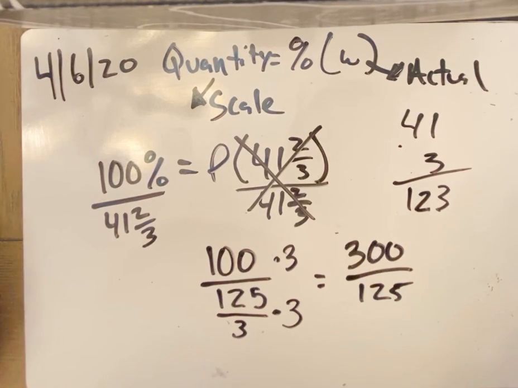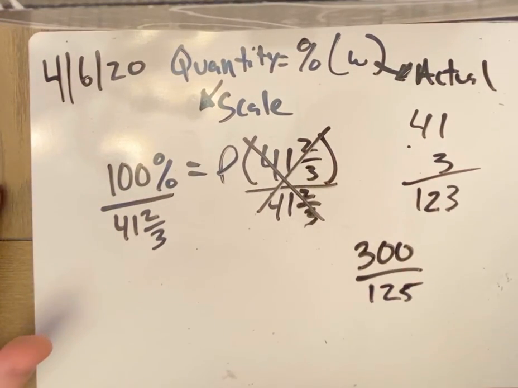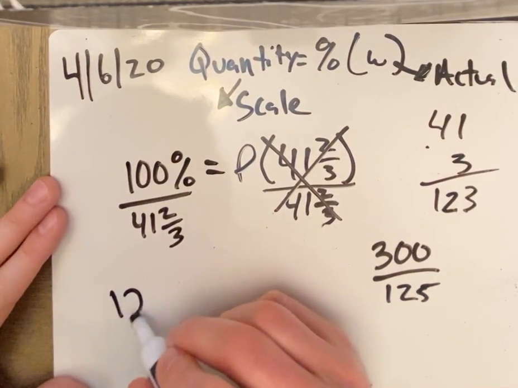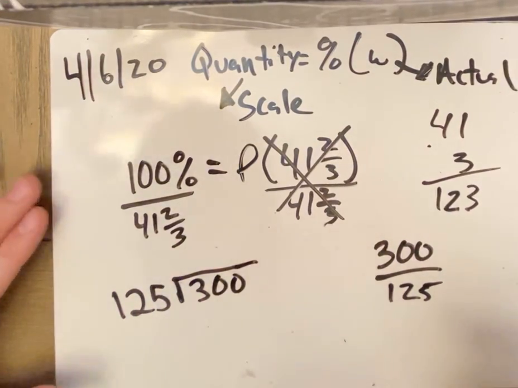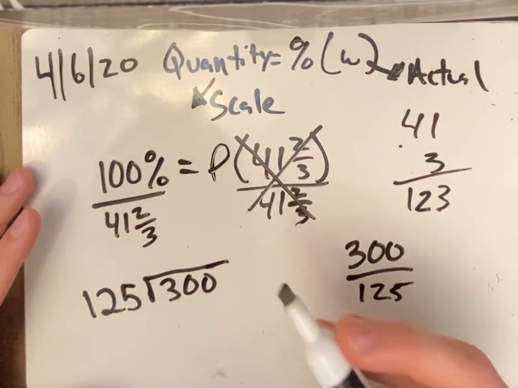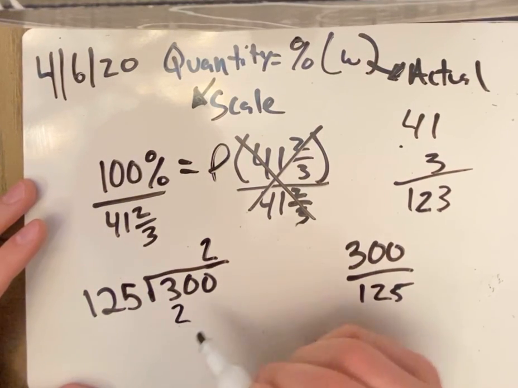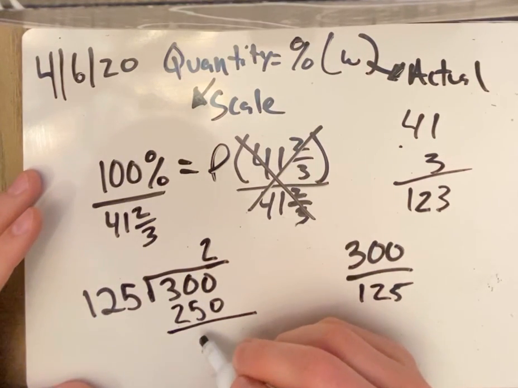Now that I've got this, I'm going to get my scale factor. So I'm going to do 300 divided by 125. You can reduce if you want, but I'm just going to go straight at it with my numbers. 125 fits into 300 2 times. 2 times 125 is 250. I've got 50 left over.